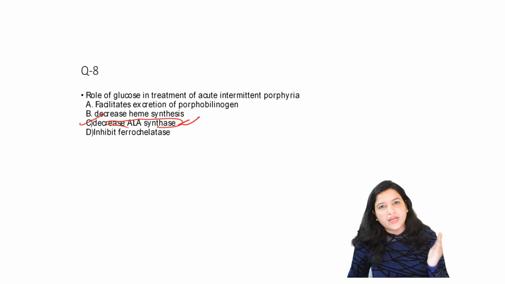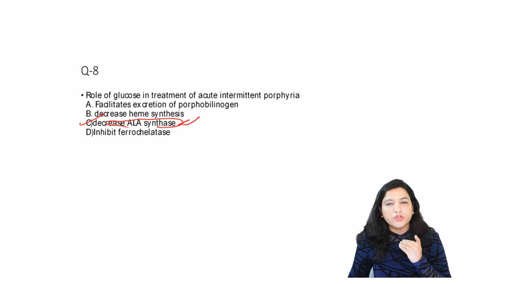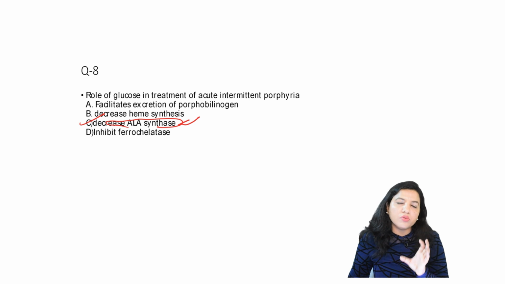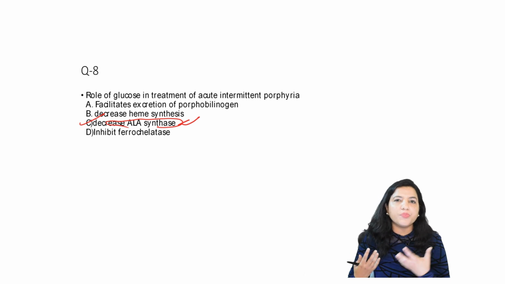Added to that, I'll give you one more point. If a patient with porphyria develops diabetes, because of the increased glucose level always in his blood, the symptoms of porphyria will usually never appear. So it is actually a protective effect.